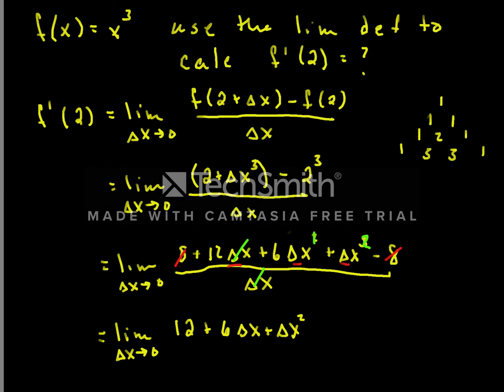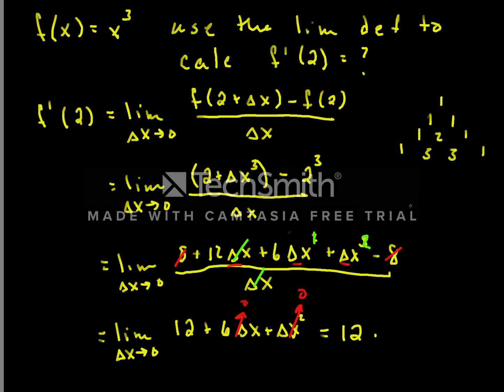And we know that delta x is going to 0, so this whole term is going to 0, and this whole term is going to 0. And so the entire expression is going to be 12 plus 0 plus 0, which is 12. Boom, that's the derivative at 2.